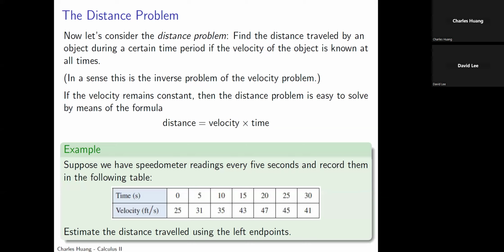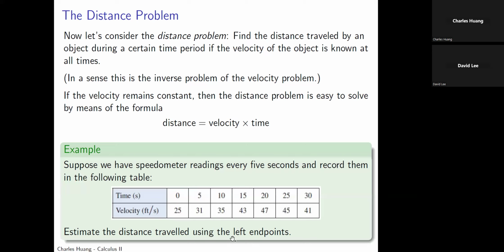There's a police car in the front, so I start to slow down a little bit. If we need to estimate the distance, these are the velocities and I want to multiply by time. Each of these intervals is 5 seconds, so I might want to take the velocity times 5, velocity times 5.